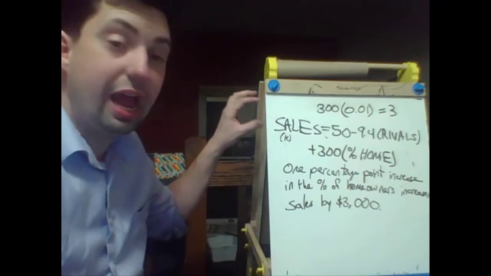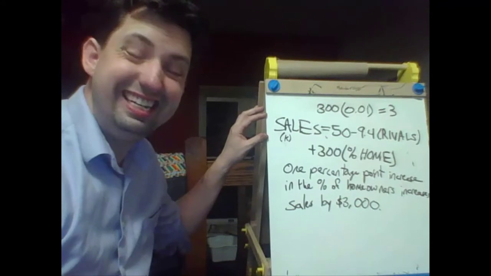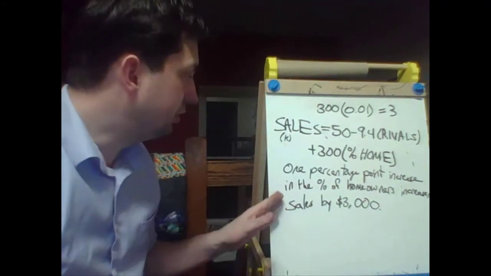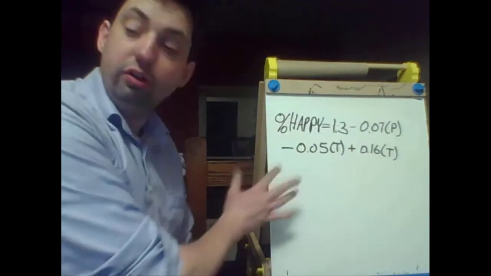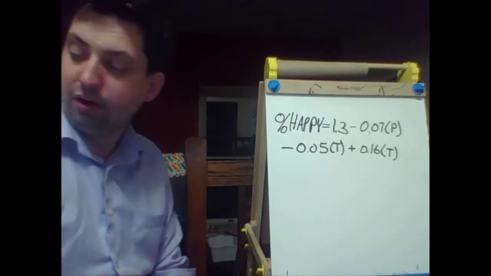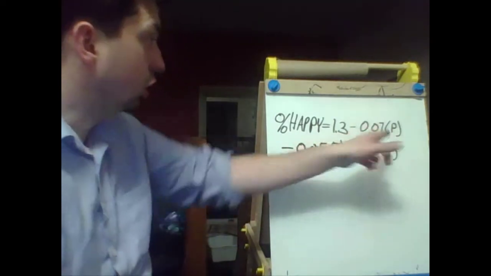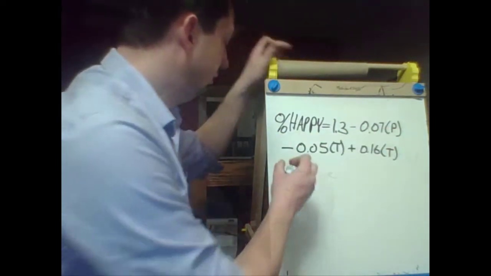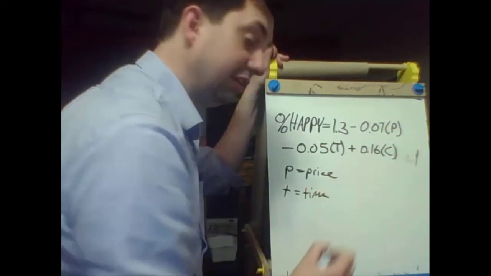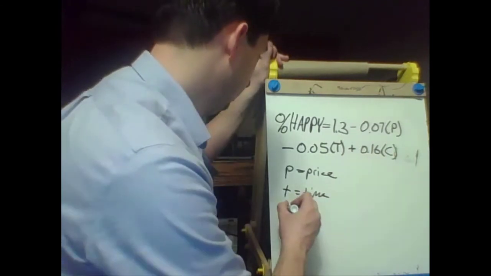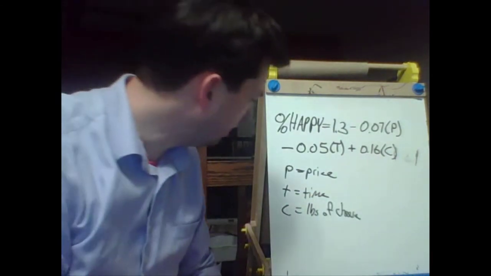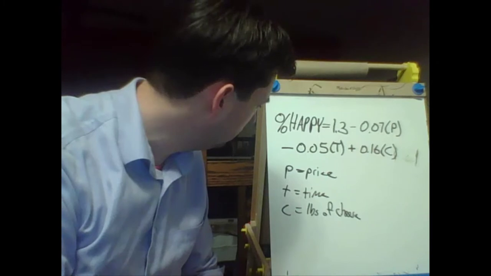Similarly, if we had a percent value as the dependent variable, then we would switch it up. So here's a hypothetical regression. It predicts customer satisfaction for pizza delivery. So lower prices, that's P. T is the time it takes for the delivery. I think I was thinking in terms of it was pounds of cheese.